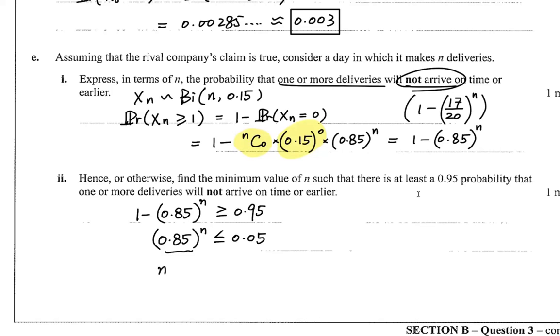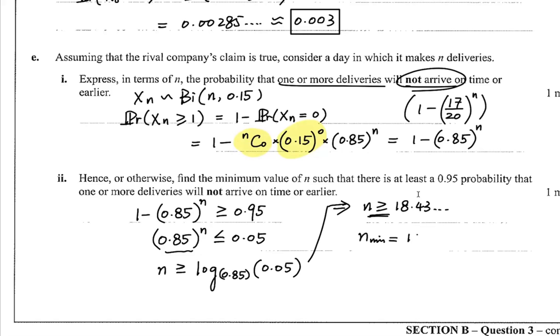That means n must be greater than or equal to log base 0.85 of 0.05. This will give you n greater than or equal to 18.43 blah blah blah. Using the inequality to round it up, because it's greater than, n minimum is 19, okay? Not rounding it down, rounding it up, okay?